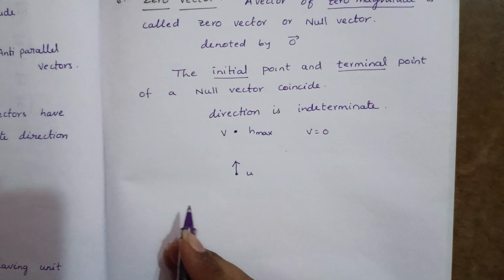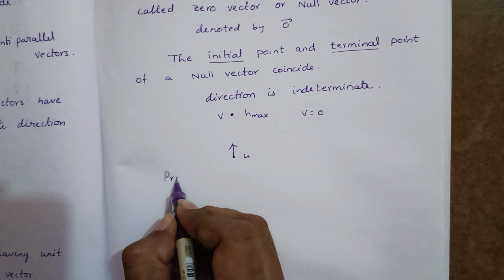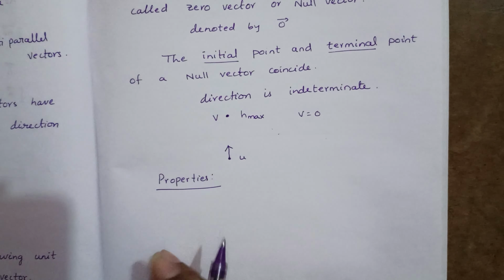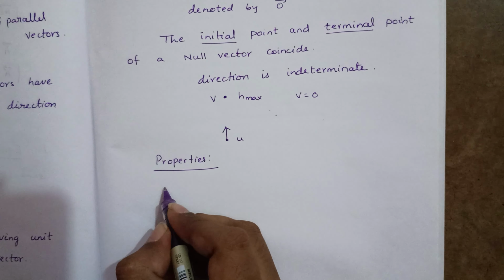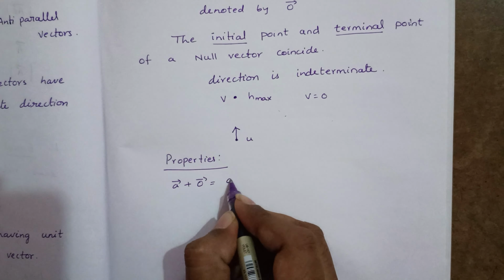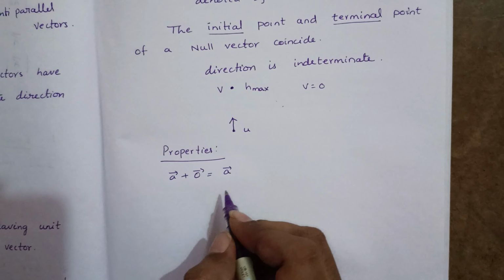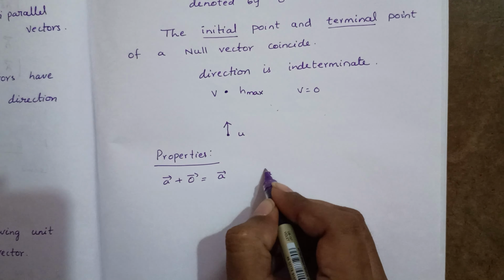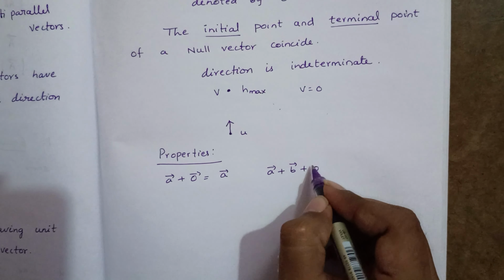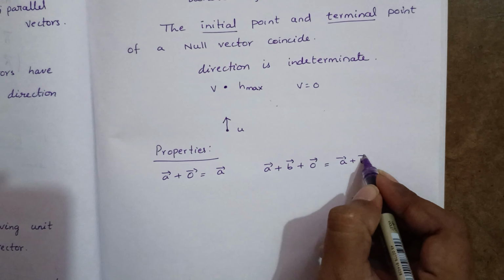Now null vectors or zero vectors have some properties. If a vector A bar is added to the null vector, the result is itself. If vectors A bar and B bar are added to the null vector, it gives A bar plus B bar.